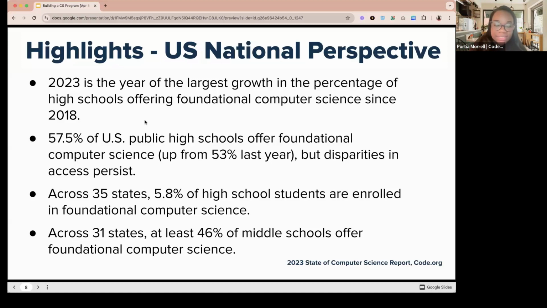But there are some disparities that still persist. Across 35 states that have shared data, 5.8% of high school students are actually enrolled in these foundational computer science courses. And across 31 states, at least 46% of middle schools offer a foundational computer science course.